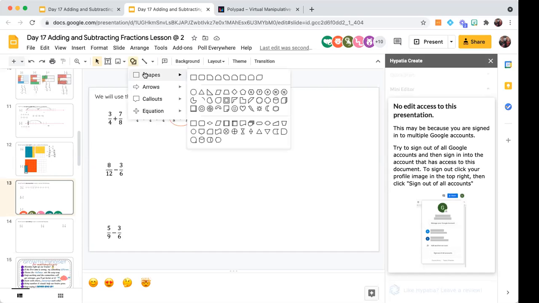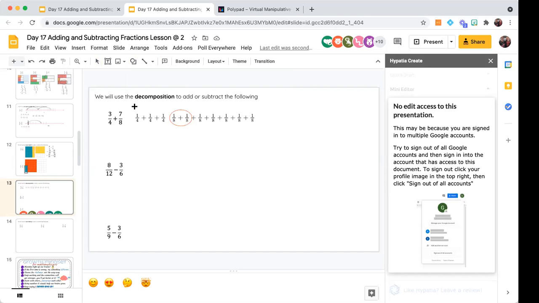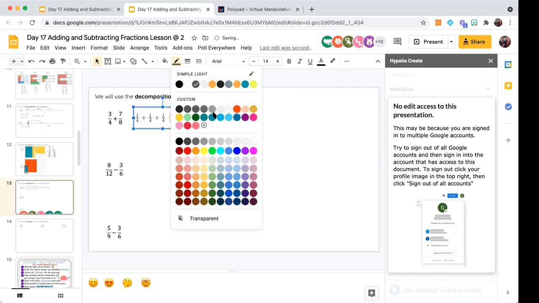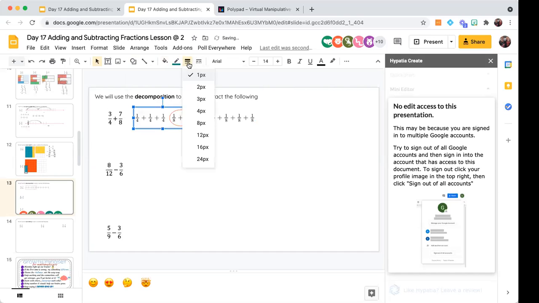So then if I combine together these 3 1/4 with 2 1/8, that makes a whole. And so if I have a whole, the leftovers are 1, 2, 3, 4, 5/8.